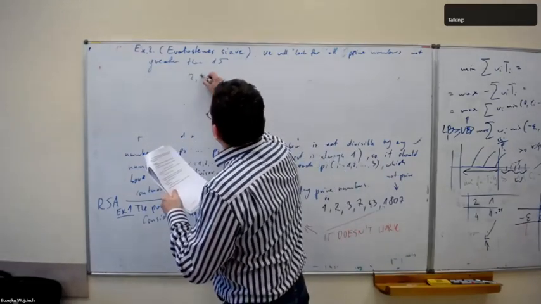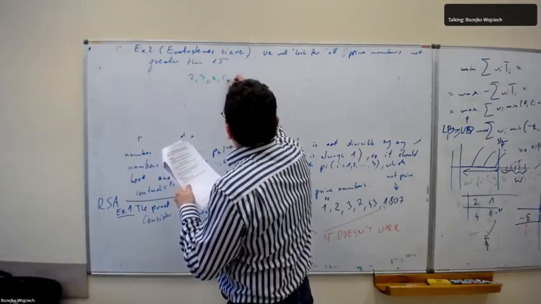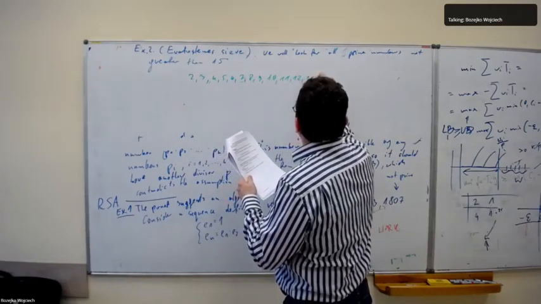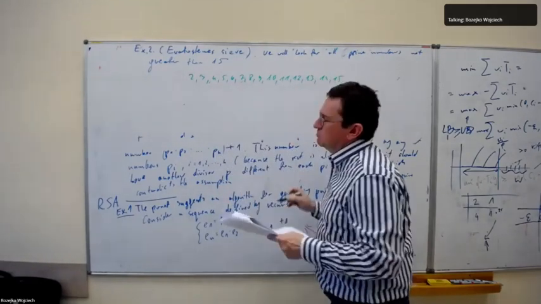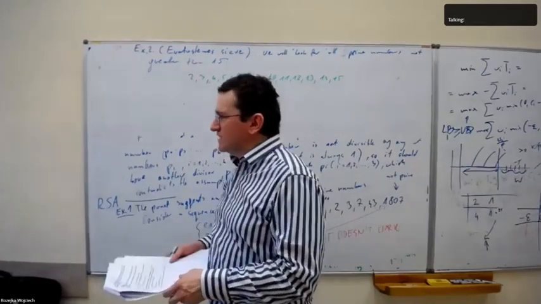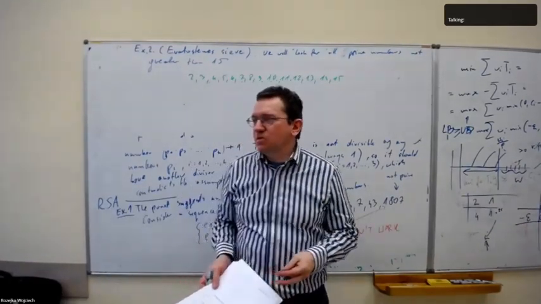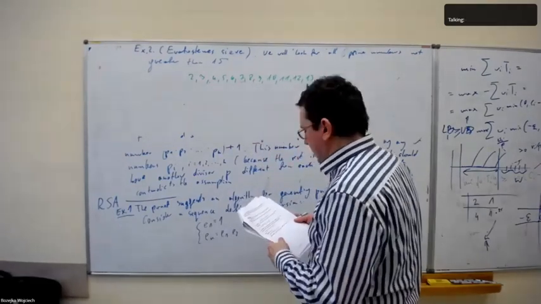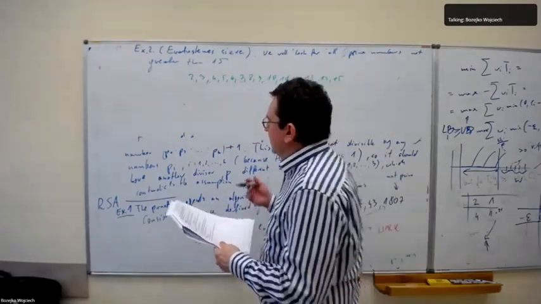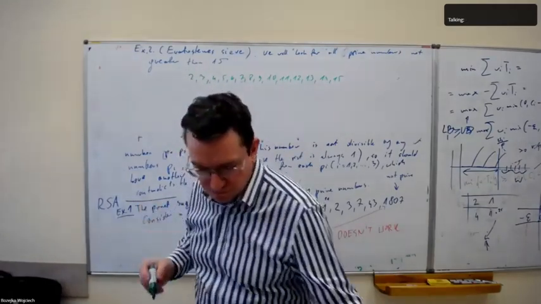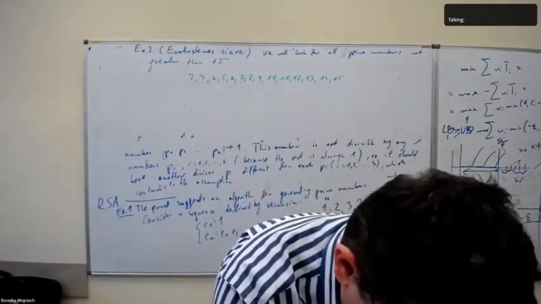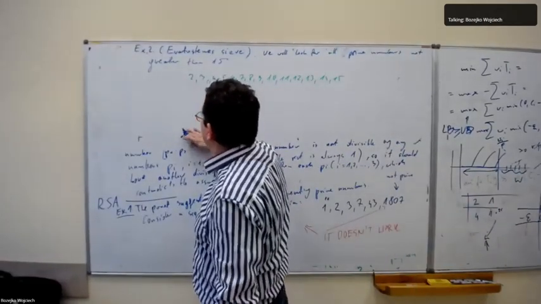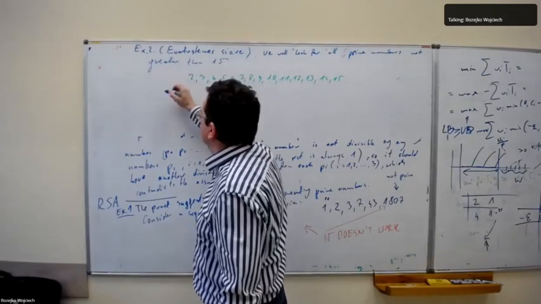Okay, so let us say 2, 3, 4, 5, 6, 7, 8, 9, 10, 11, 12, 13, 14. We should make a memory space, a table in the computer memory for all these numbers from 2 to the greatest one. Next, we choose 2 as the first prime number because it is divisible only by 2 and 1.